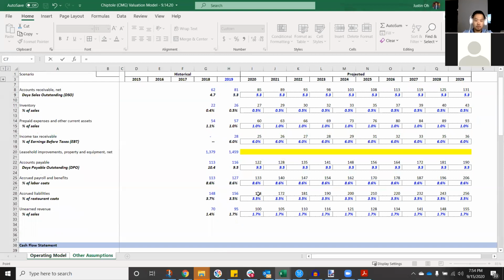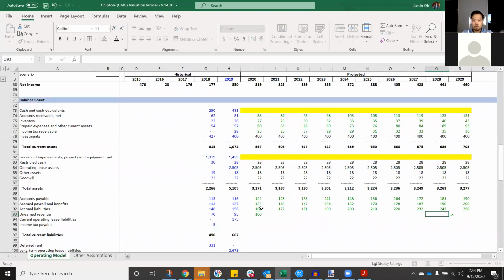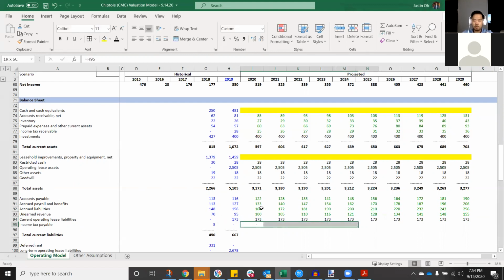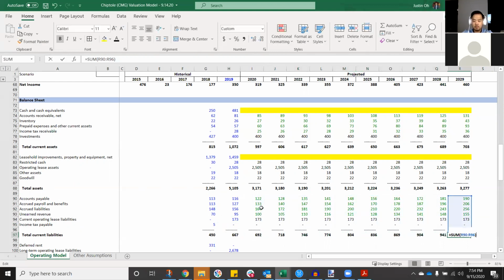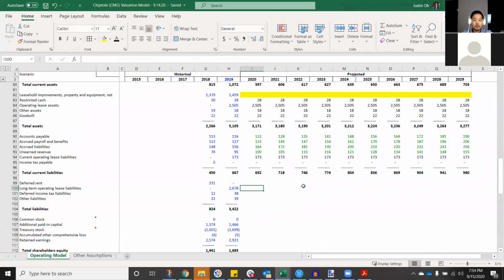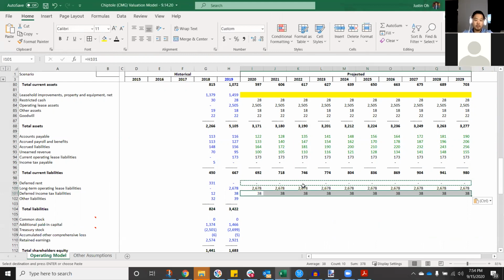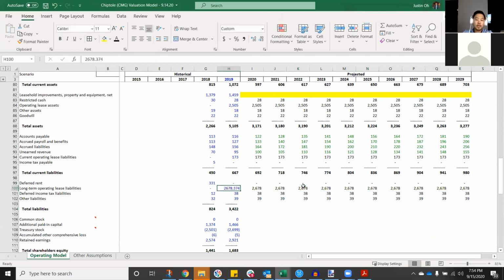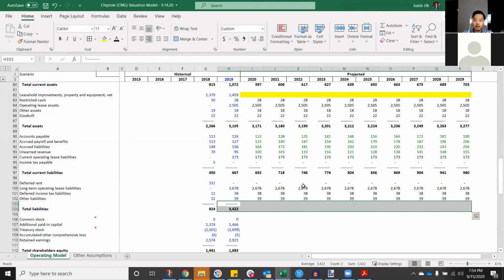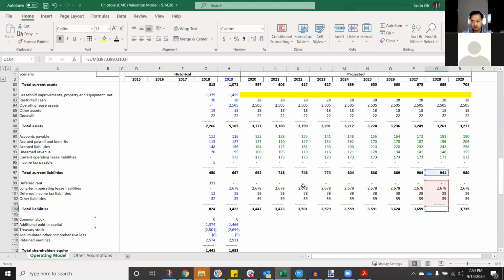Unearned revenue. Current operating lease liabilities, I told you I'm just going to carry that forward. Income tax payable, just carry the 0 forward. And then deferred rent, carry the 0 forward. Long-term operating lease liabilities, all these I'm just going to carry forward. We can look into it really deeply if you're going to cover the company, but let's just focus on this.